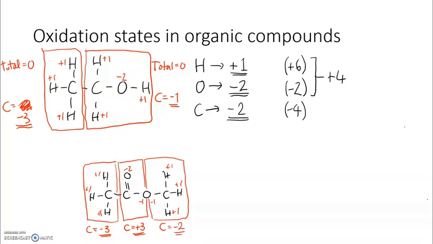That means that the average of the oxidation state for carbon, well, we've got +3 here, we've got -3 here, so that completely cancels out. And then we have -2, which is then shared between each of the carbons. So actually, the carbon has an average oxidation state of -2/3 for this molecule.